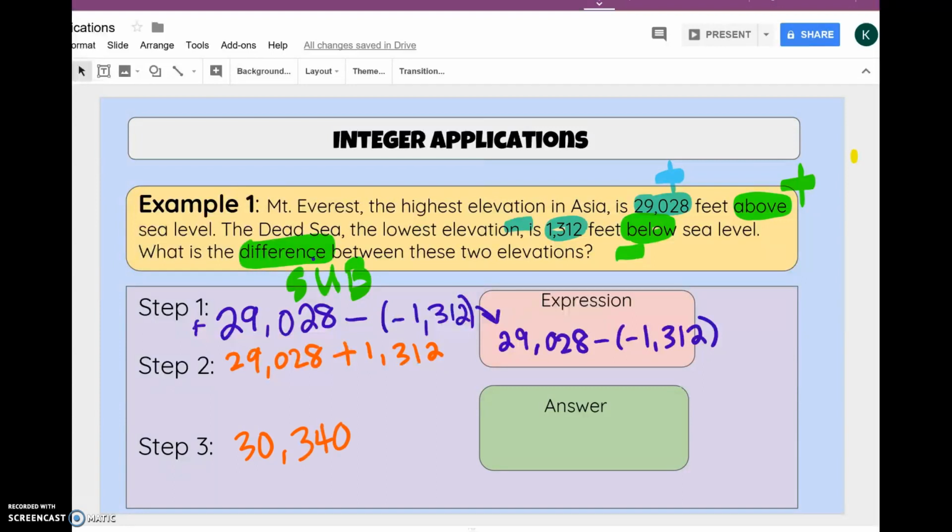Now, one thing I need to remember with step 3 is I need to make sure that I'm labeling appropriately. Okay, so it's 30,340 what? I'm talking about feet. So that's the answer that I could type into this box.